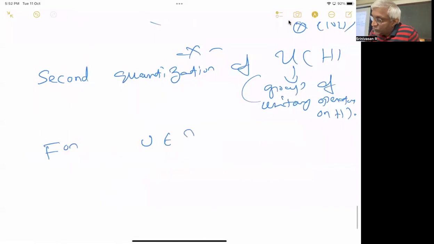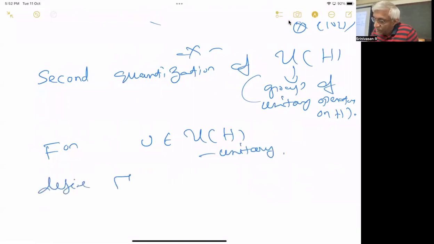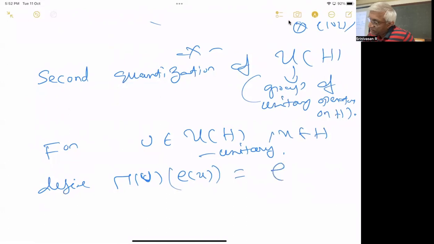Okay. So for capital U in U of H, which is a unitary, define gamma of U, acting on E of small u, for u in H. Maybe I should use a different vector: small u is a vector, capital U is an operator.